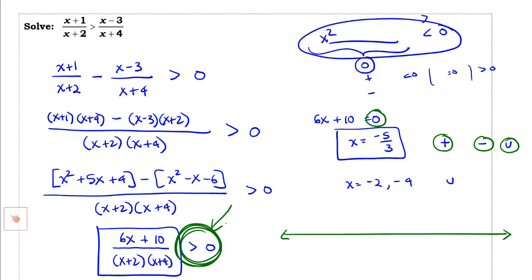Positive, greater than 0. So let's do a process of elimination. Okay, you ready? Issue 1. It's going to be 0 when x is negative 5/3. So, can x be negative 5/3? No, I don't want it to be 0, do I?